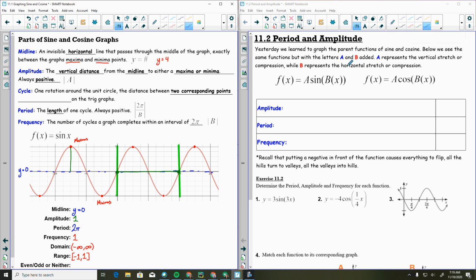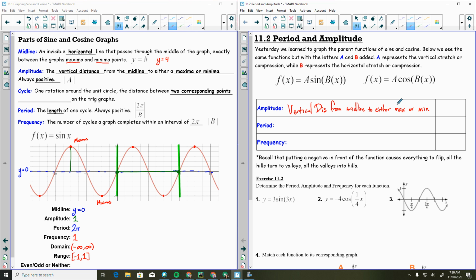In this lesson, we're going to take a deeper look at period and amplitude in relationship to sine and cosine functions. Okay. So the first thing I'm going to do is just copy over some of the definitions that we got from the last video. If we recall, the amplitude is the vertical distance from the midline, so it starts at the midline to either the maxima or a minima.